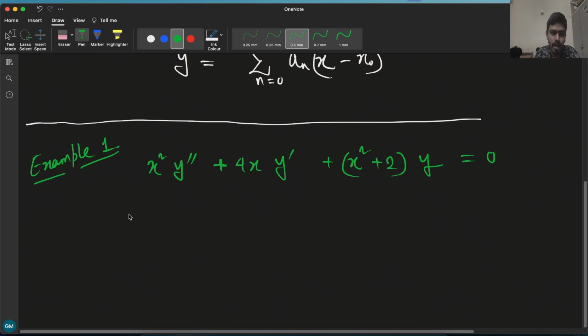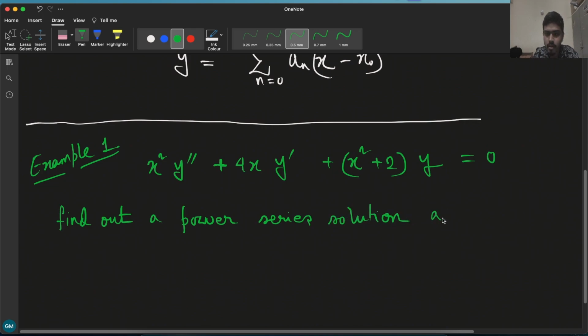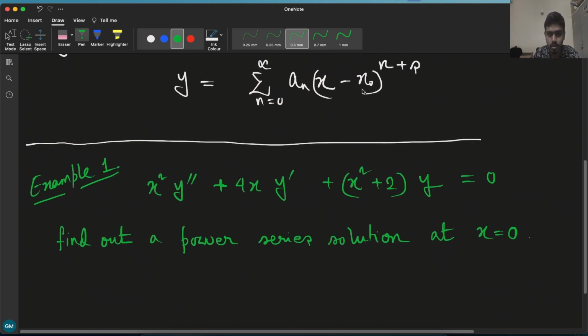And we are asked to find out a power series solution at x equals to 0. So x naught is 0 for this example.